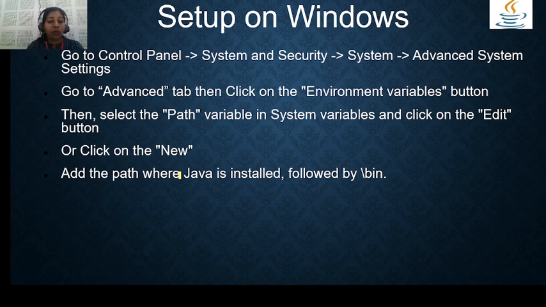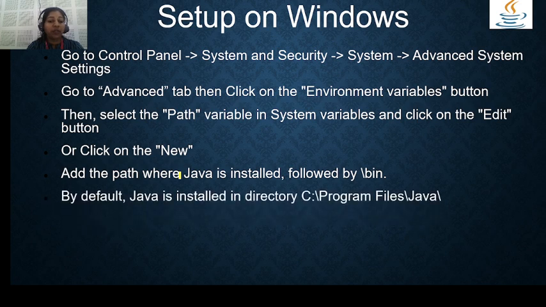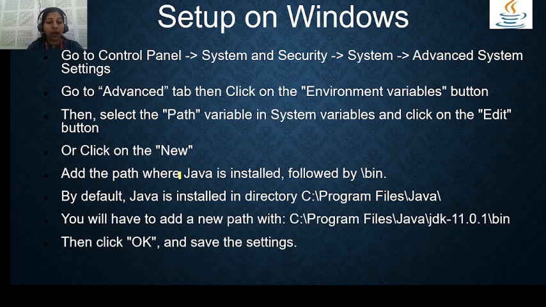Now you have to go to the path where you have installed your Java. By default, Java is installed in the directory C program files Java. But if you have changed that path while installing Java, then go to that path up to the bin and copy that path. In our case, it will be C program files Java JDK 11.0.1 bin.